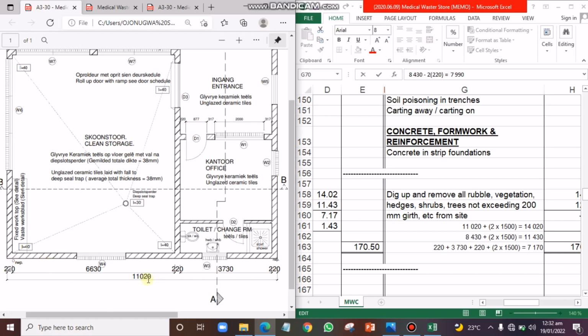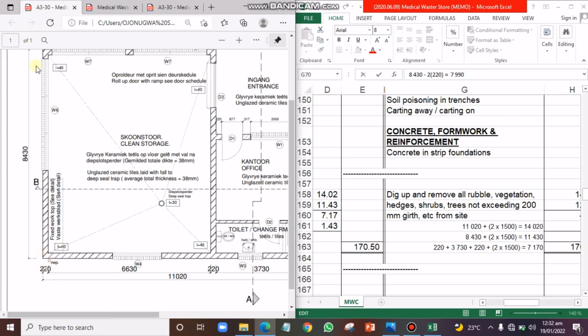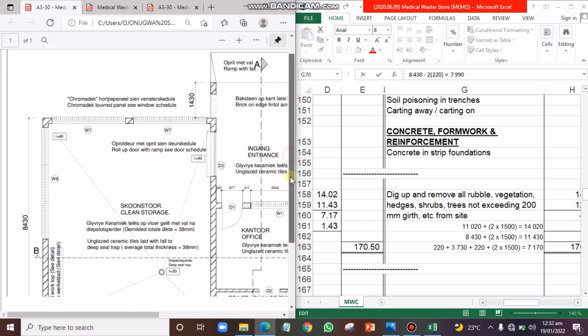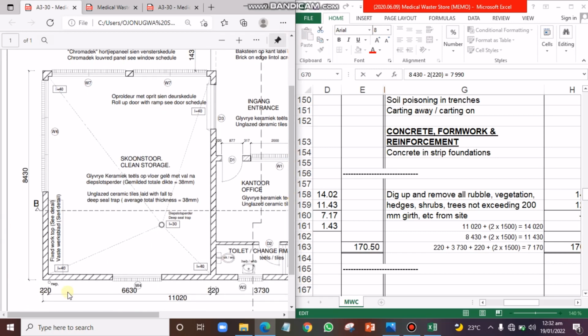So we have 11,020, add twice, that is here and here, working space, which is 2 by 1,500. We now have it as 14,020. Then along this shorter width, from this point down to this point, we have 8,430.